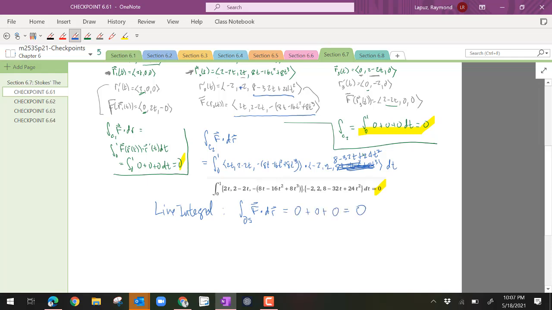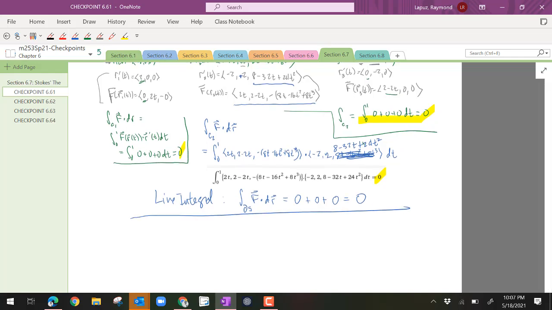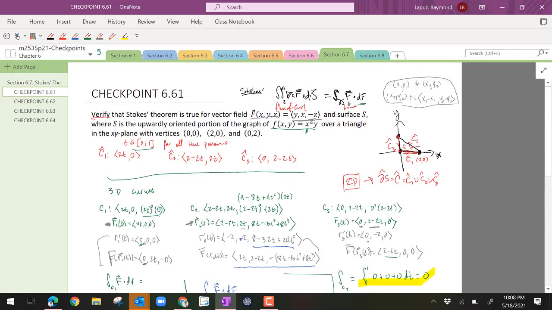So that's equal to 0. No contribution at all. All right. So that's the right-hand side of the Stokes theorem as written here.